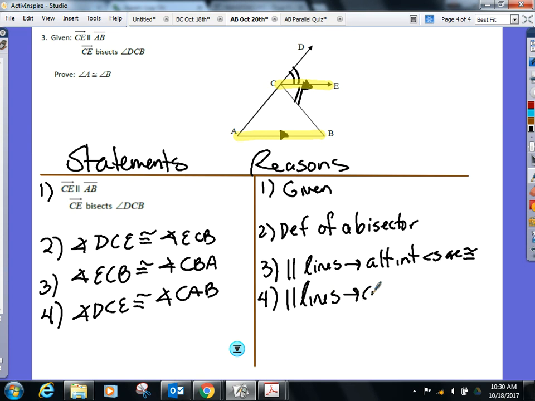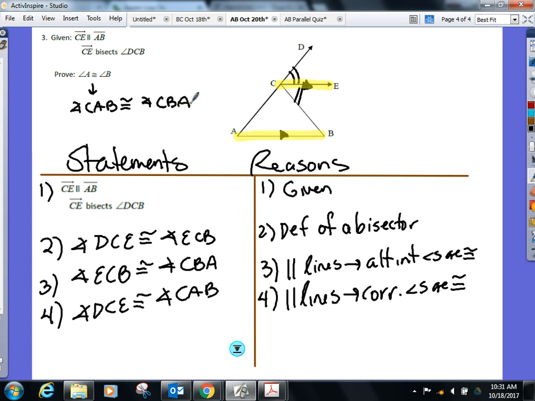And if I have parallel lines, I know my corresponding angles are congruent. So we found 3 different pairs of congruent angles, 2 by parallel lines, 1 by a bisector. Now I got to fit it all together to try to get A congruent to B, which again is the same as saying angle CAB congruent to angle CBA.